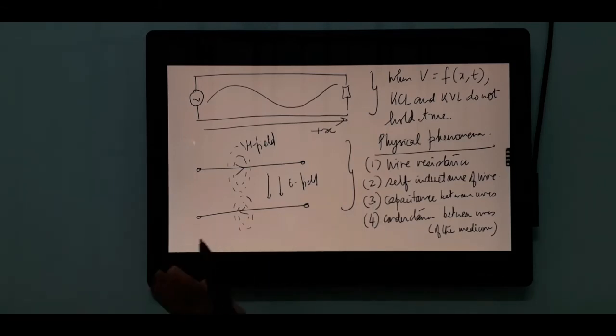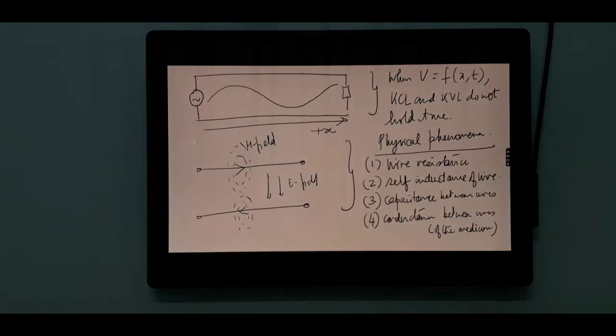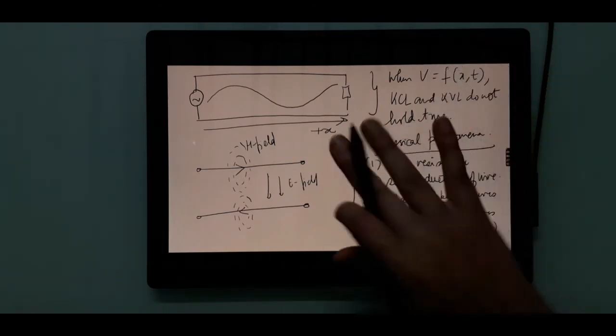We are essentially representing physical phenomena in the form of circuit elements. So this is half the problem. The second half is how to apply the KCL and KVL on these.